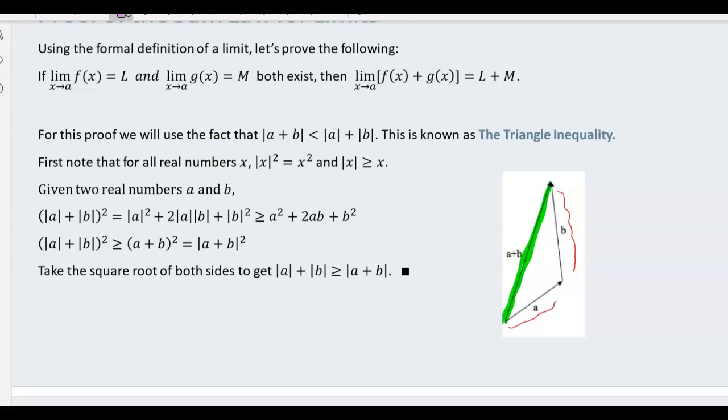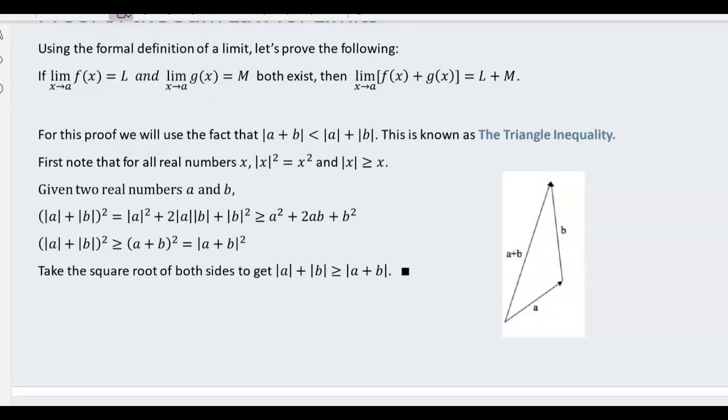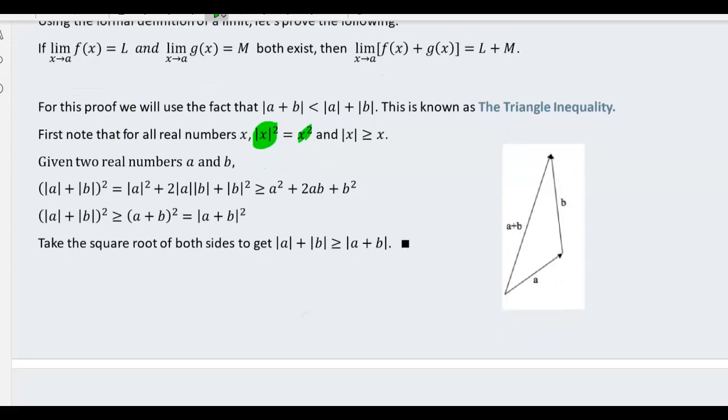We're using this absolute value symbol to mean a distance or a length, the way we would in terms of vectors. So we're kind of transferring back to vector terminology. We know that if we have a number x and we take its absolute value and then square the absolute value, we're just going to end up with x squared.